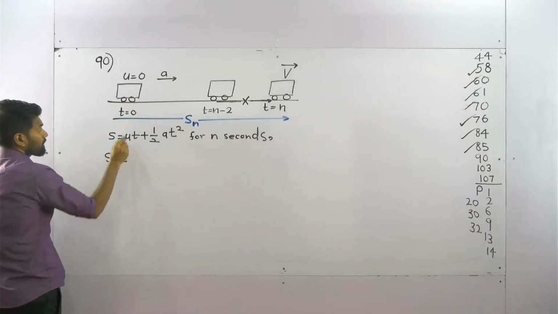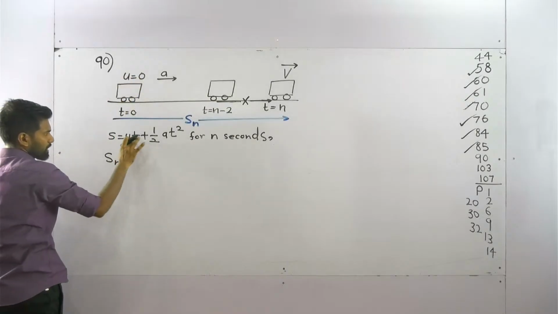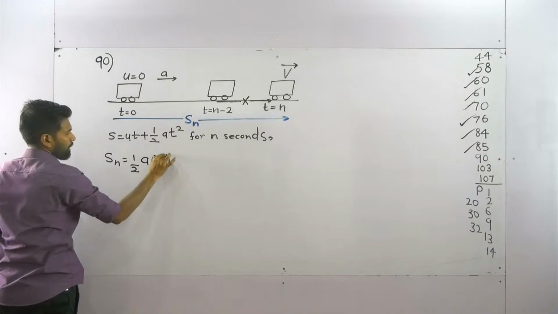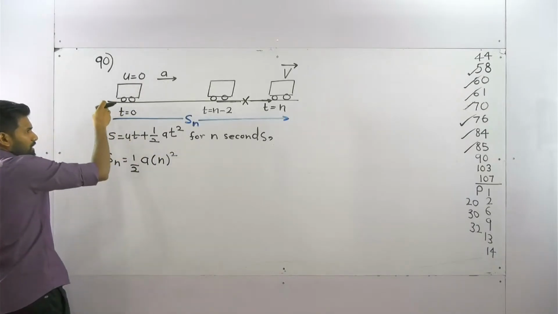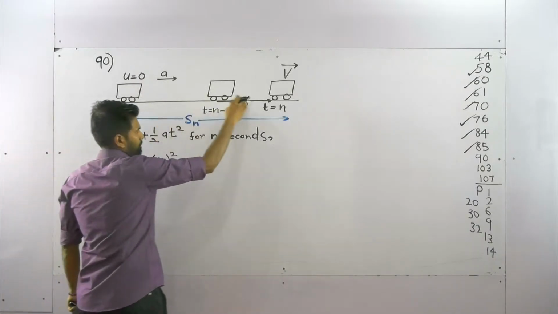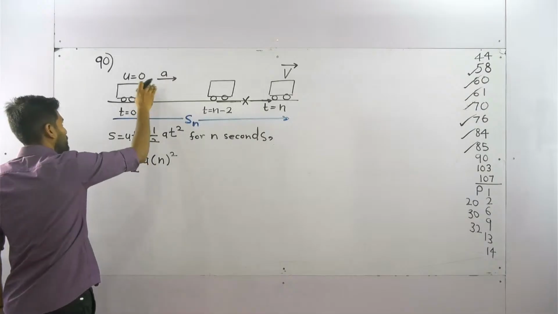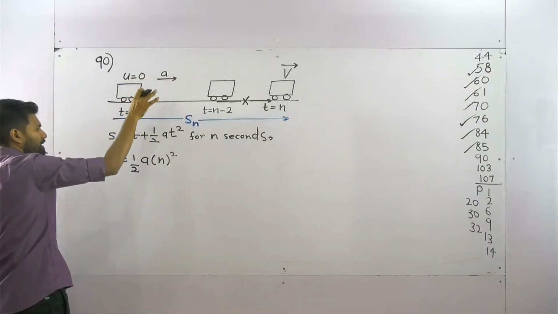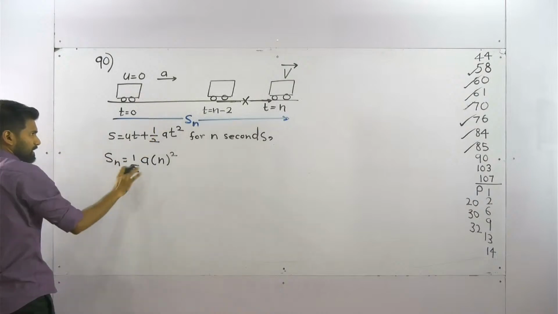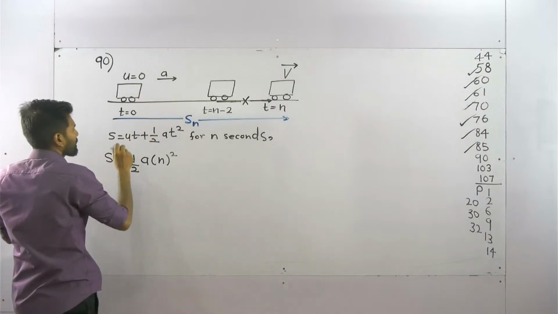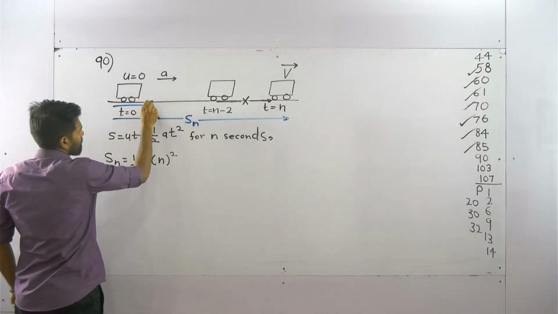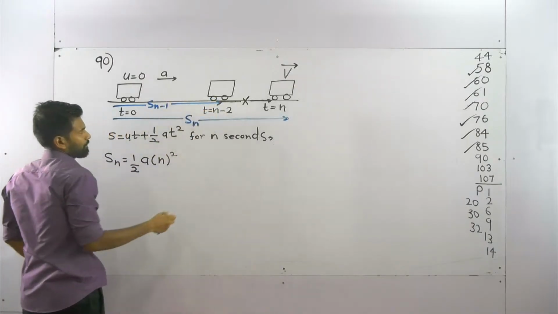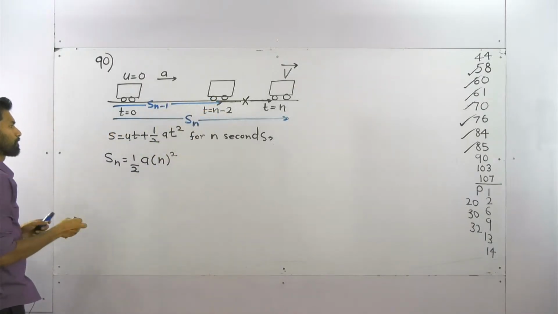Sn is equal to the initial velocity 0 times t, plus half a n square. The total displacement after the nth second is half a n square. Again, I'm calculating the distance traveled up to t equals n minus 2.